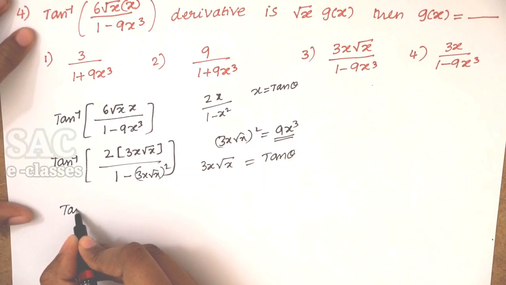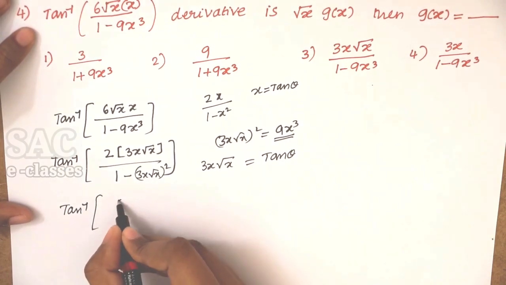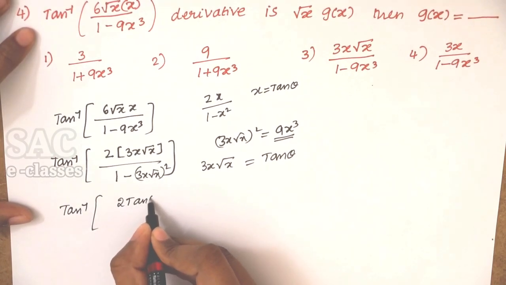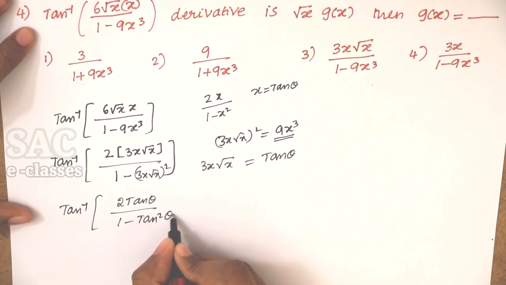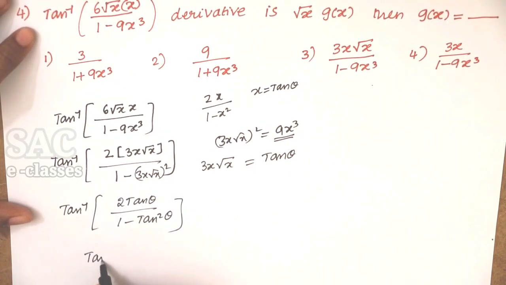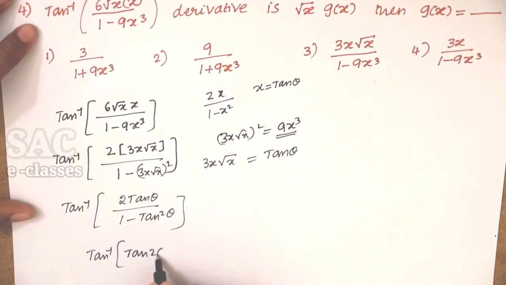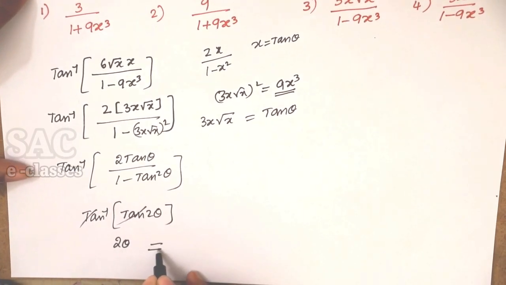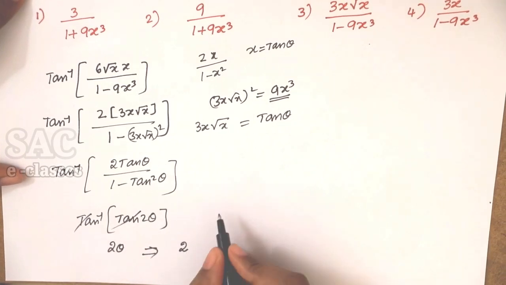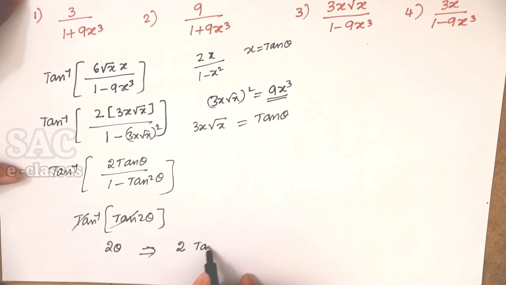Now the entire one changes into tan inverse 2 tan theta by 1 minus tan square theta, which can be written as tan 2 theta. So clearly 2 theta. Now 2 into theta we require, tan inverse 3x root x.